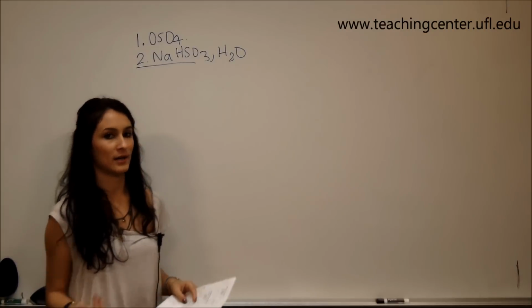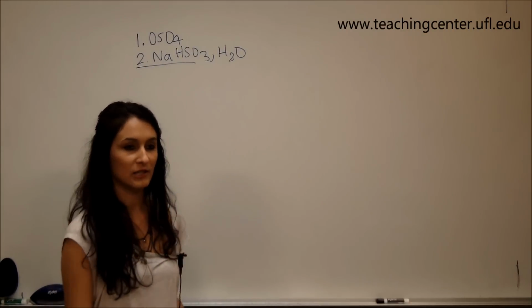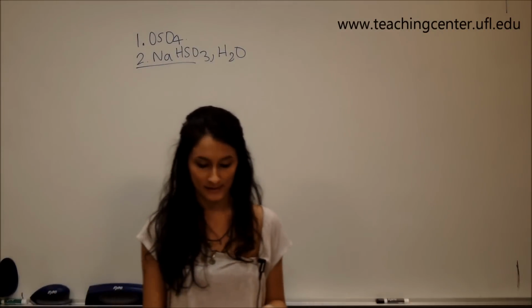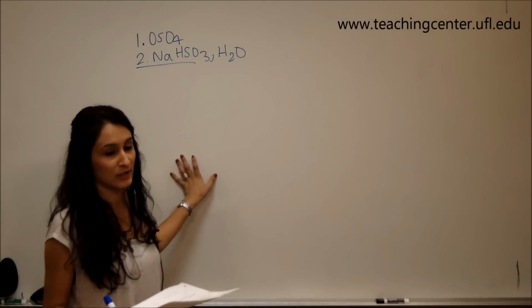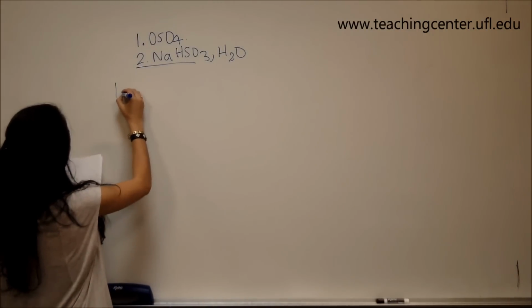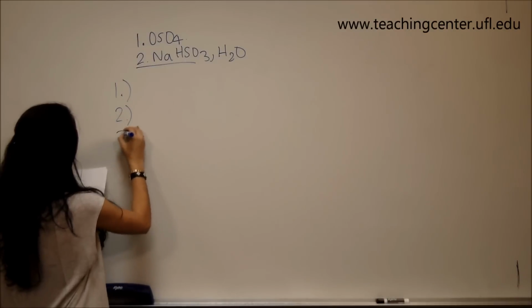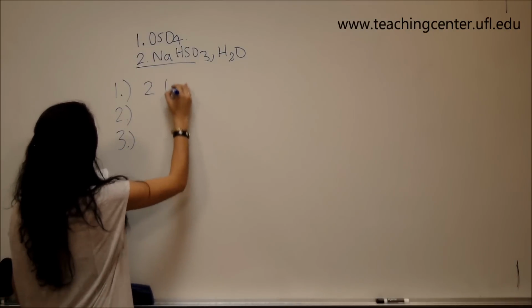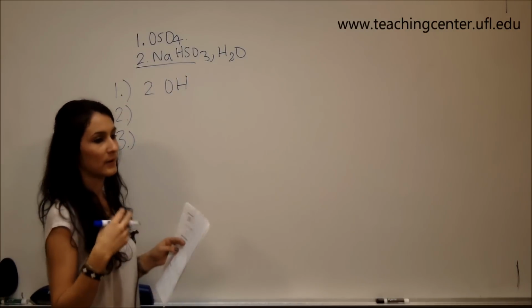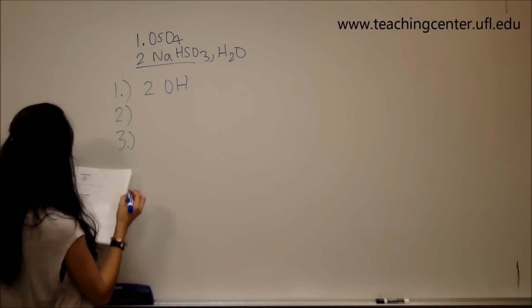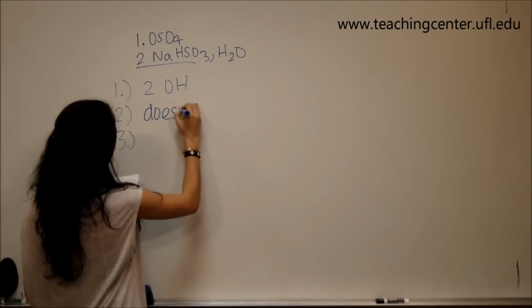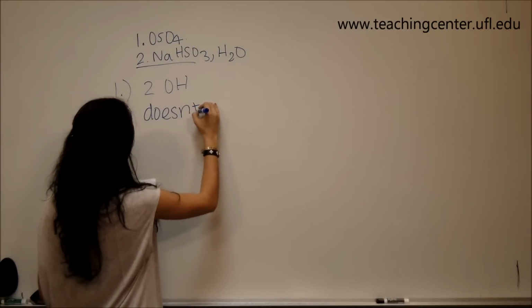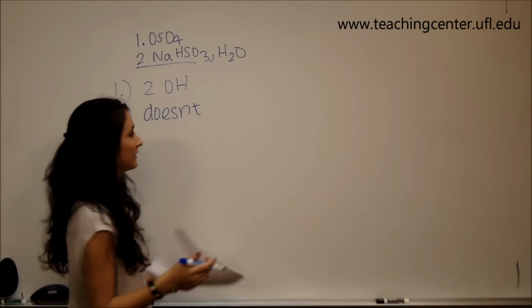So syn hydroxylation. So what's hydroxylation? Hydroxylation is adding OHs. So if you have syn, the name of this reaction gives away some of our answers to these questions. So what we're adding is 2 OHs. So add an OH and an OH. Where are we adding it? Doesn't matter because they're the same substituents, so you can't say that one added to the less substituted and one added to the more.